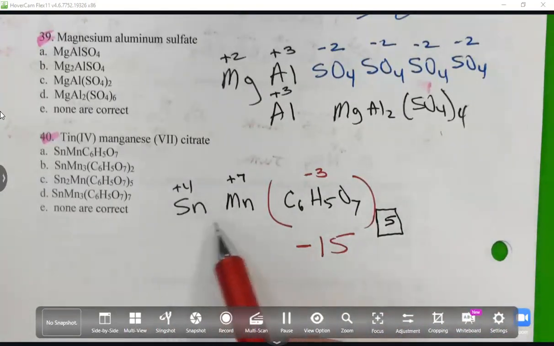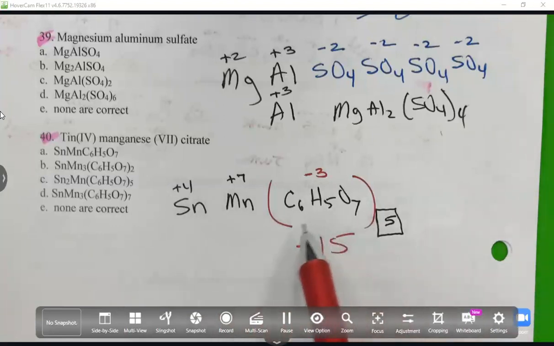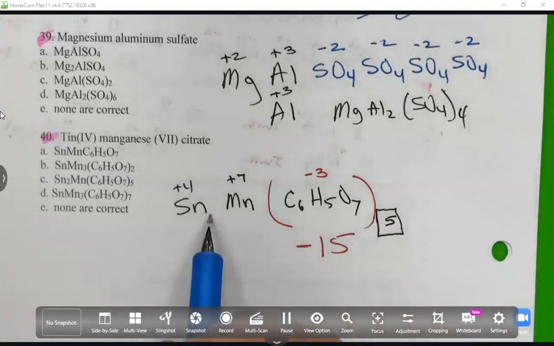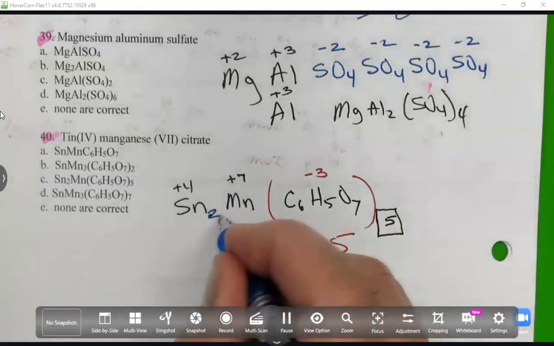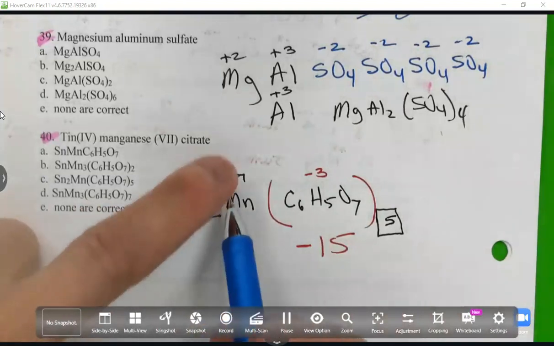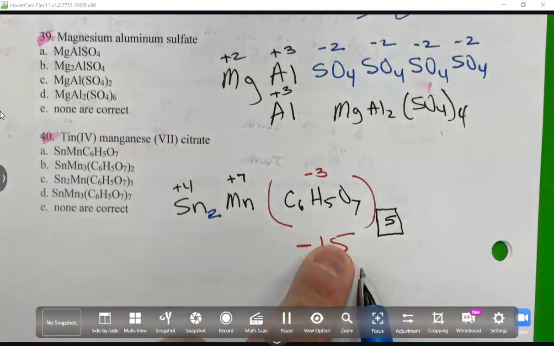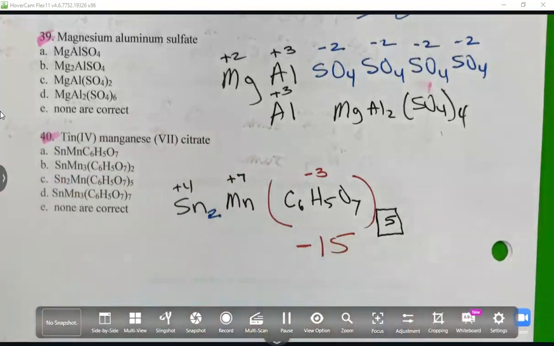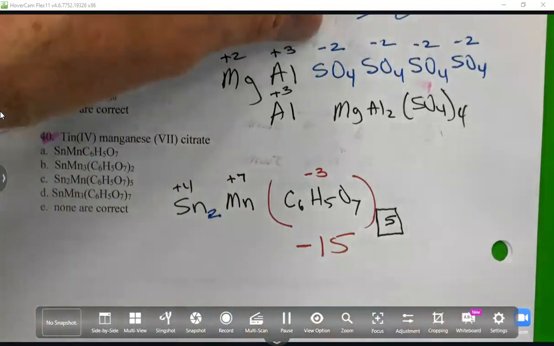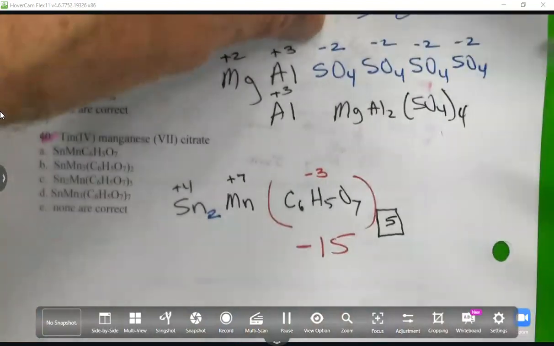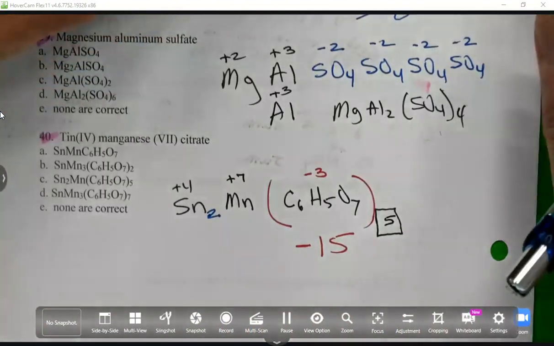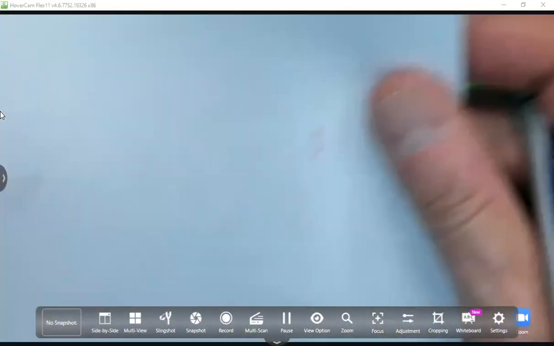Can I get a positive 15? I can. I just need 2 of these, right? Because that'll give me +8, +7. That's a +15 and a -15, right? That looks good. All right. So that's the way to look at those. There's a way to figure them out. What are you trying to do? You're trying to get 0.